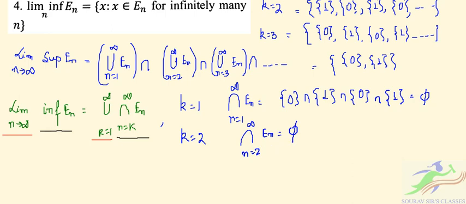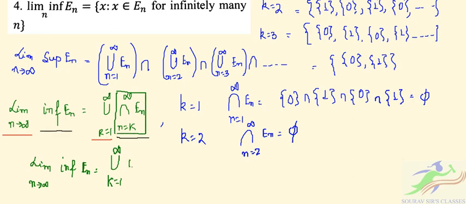So if we put the limit n tends to infinity, that is the infimum of En, it will come as union of k equal to 1 to infinity, and this term is nothing but the empty set, so the limit as n tends to infinity is the empty set.